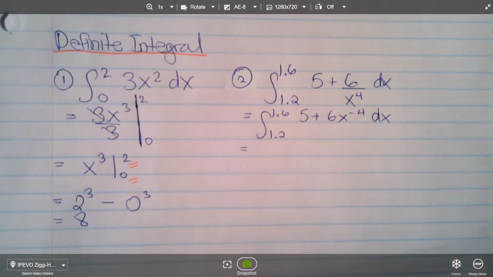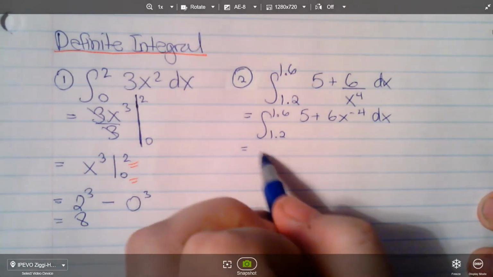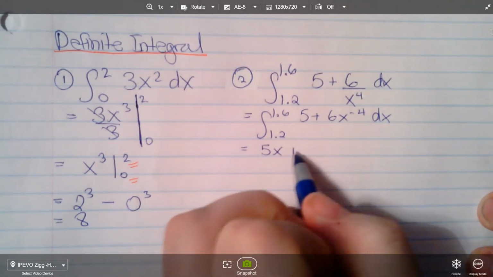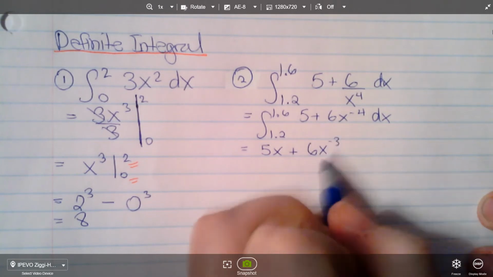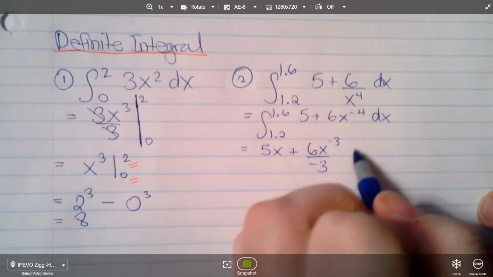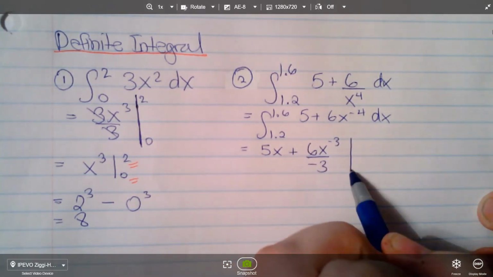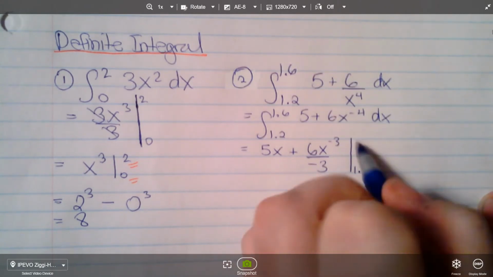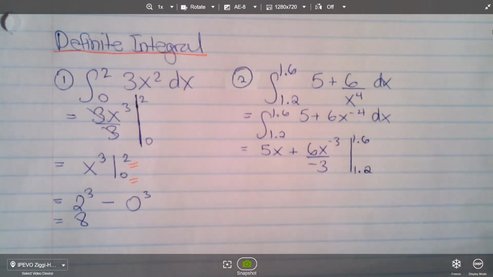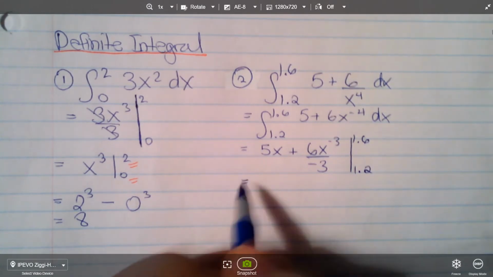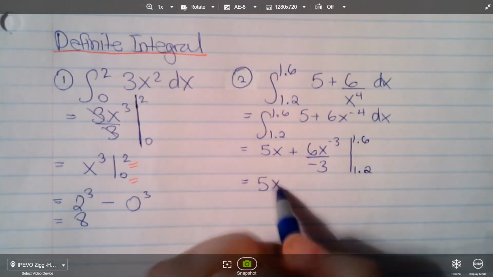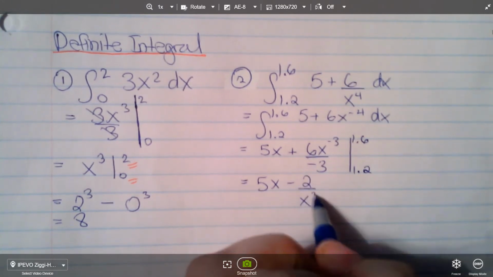So I set it up to use the power rule, and I go ahead and integrate, and I have 5x plus 6 times x to the minus 3 over minus 3, between 1.6 and 1.2. A little bit of simplifying gives me the following.